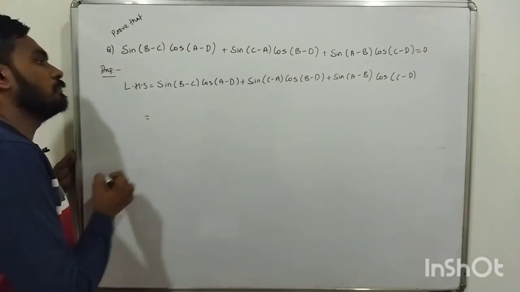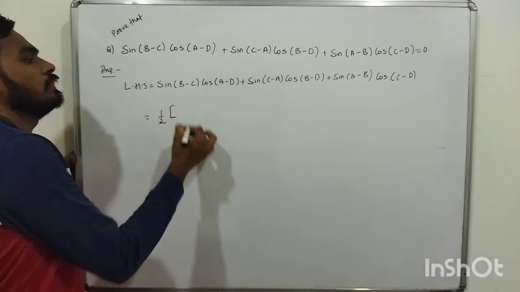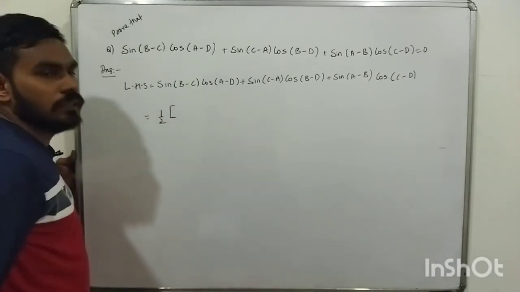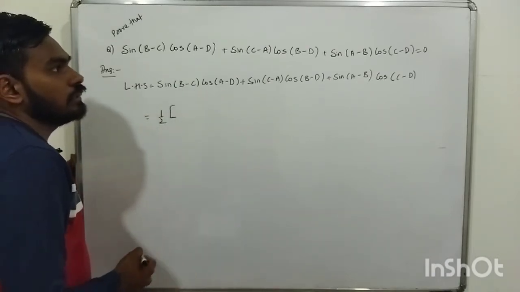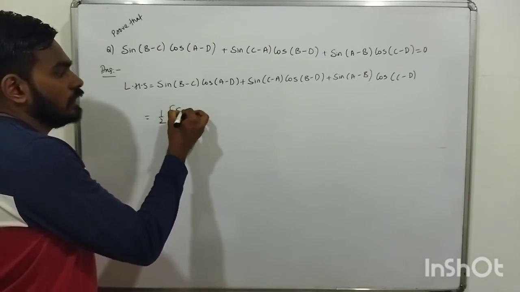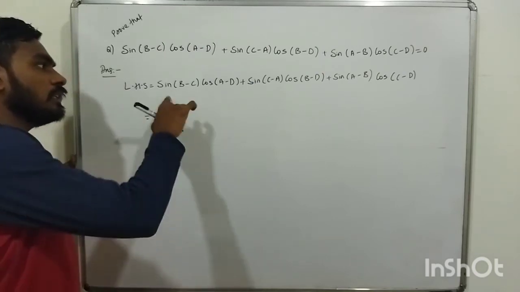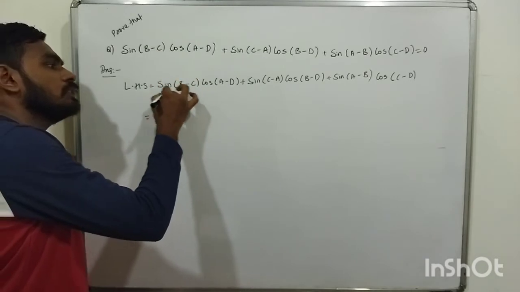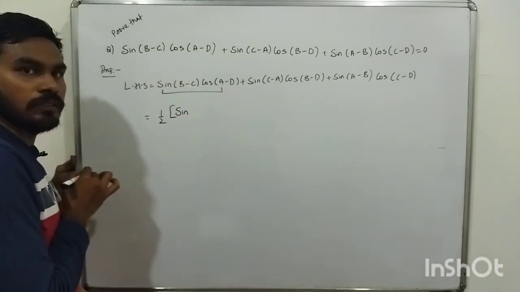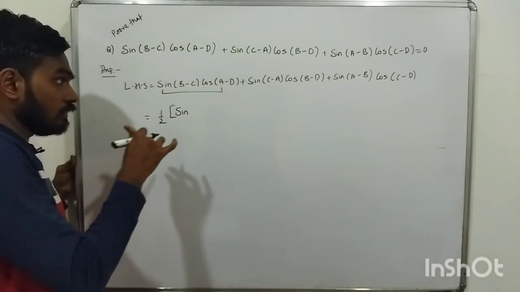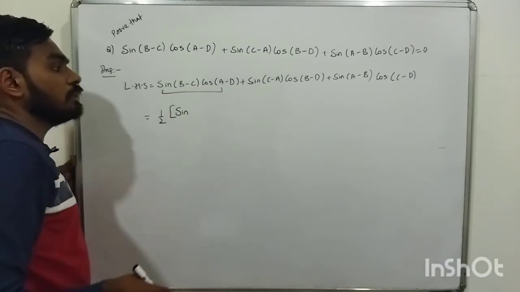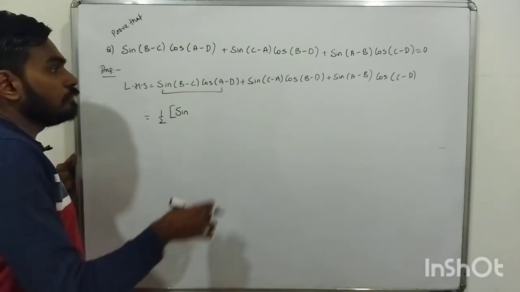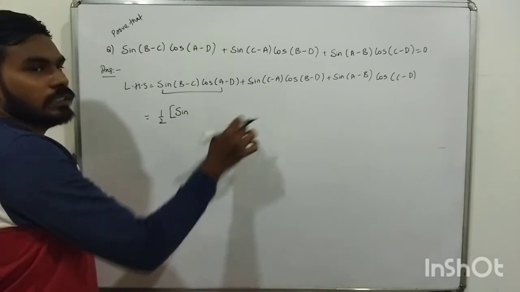using the defactorization formula: sin x cos y is half of sin(x plus y) plus sin(x minus y). So this comes in the first term of sin. What we do is we write plus in the middle: sin x plus sin y.